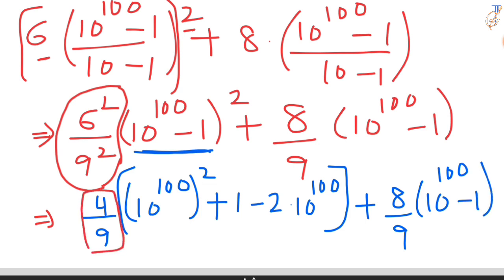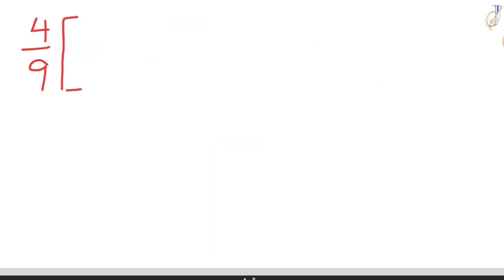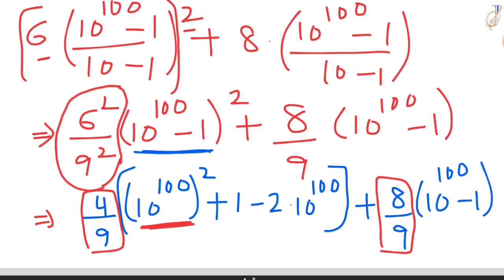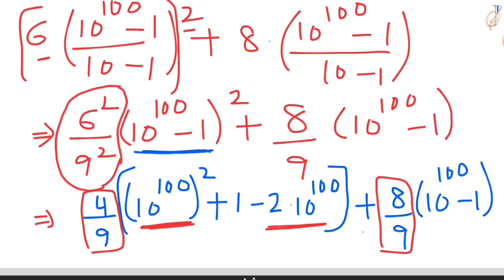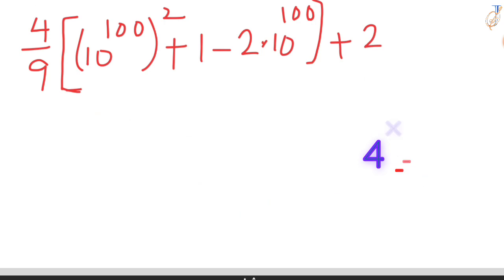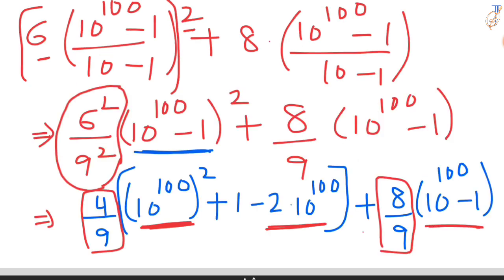Here 4 by 9 and here 8 by 9. So just take 4 by 9 as common. Then here you have 10 power 100 whole square plus 1 minus 2 times 10 power 100, plus 4 by 9 you take it common, then what you left here? Only 2. So 2 times 10 power 100 minus 1.